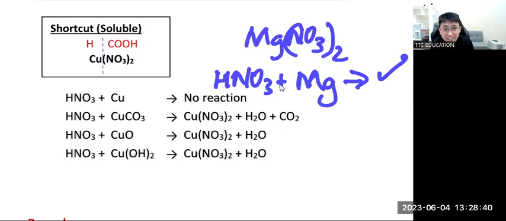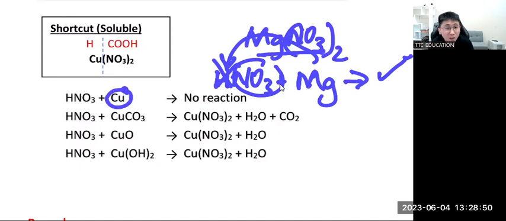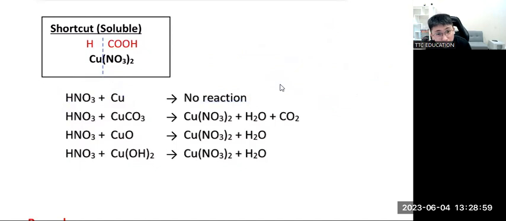Why? Because acid and metal is a displacement process. It means magnesium is able to displace H and snatch the girlfriend, becoming a magnesium nitrate. But copper cannot. You all learned before, remember? In the reactivity series, copper is not strong enough to kick off the H. That's why there is no reaction here, because copper is less reactive.